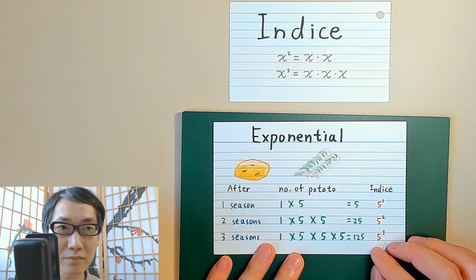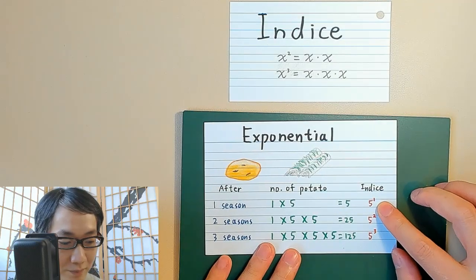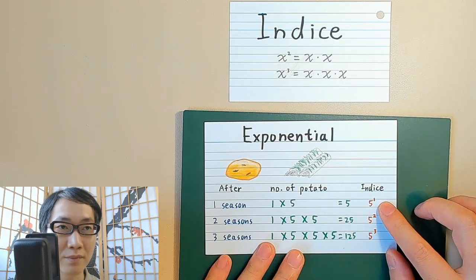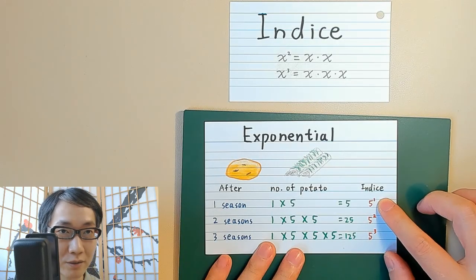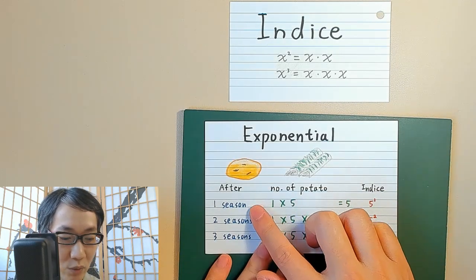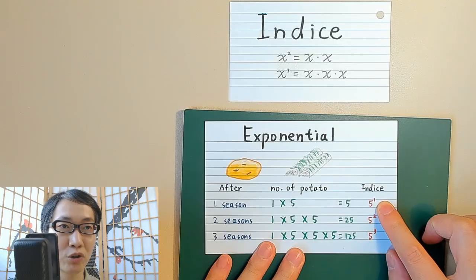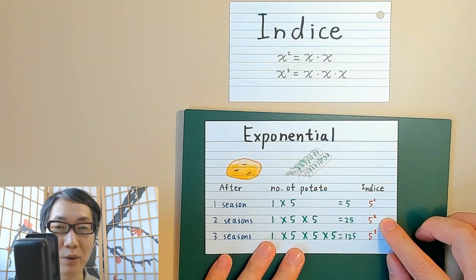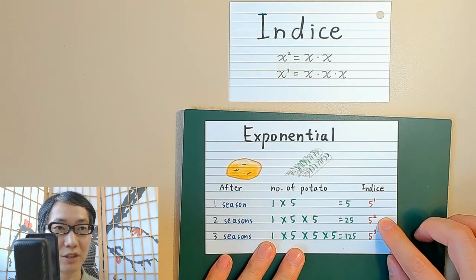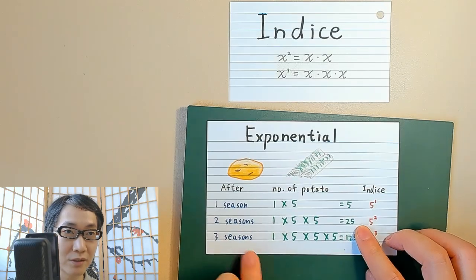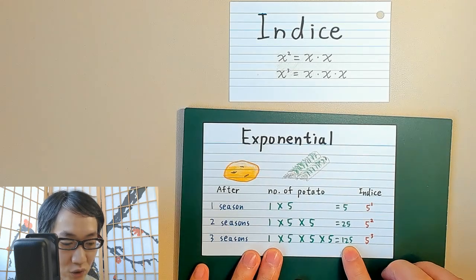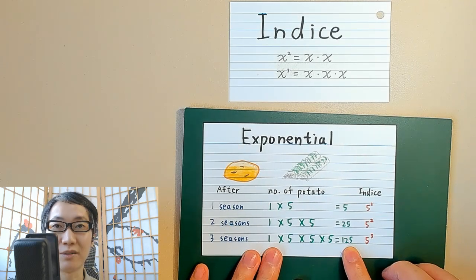Most importantly, this can be expressed in this form. This is 5 to the power of 1, the total potatoes we have after one season. This is 5 to the power of 2, what we have after 2 seasons. And this is 5 to the power of 3, what we have after 3 seasons.